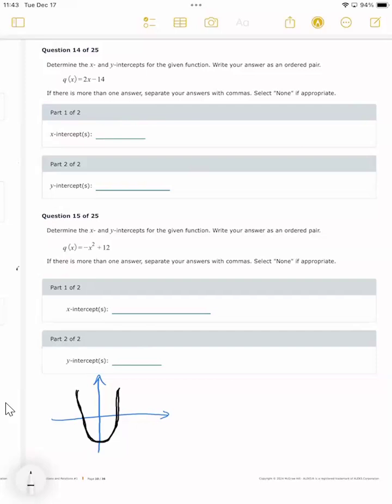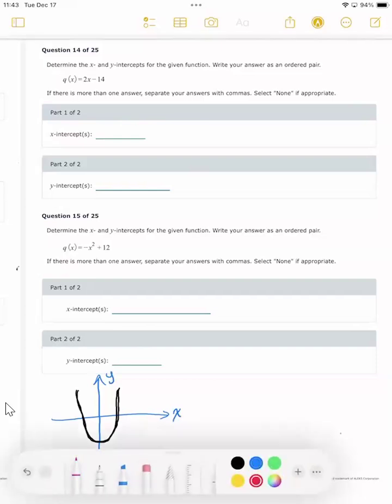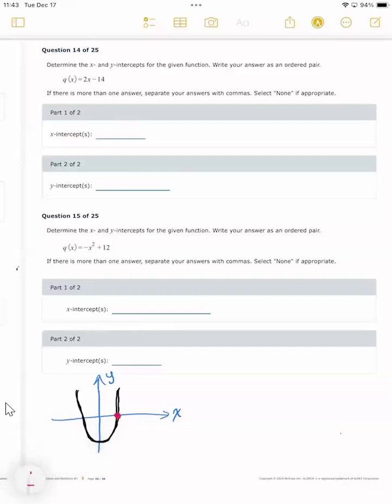And if they tell you for this graph, find your x and y intercepts, what they're looking for is the following points. This point, this point. These are called your x-intercepts. So the red points are the x-intercepts. You have two of them.